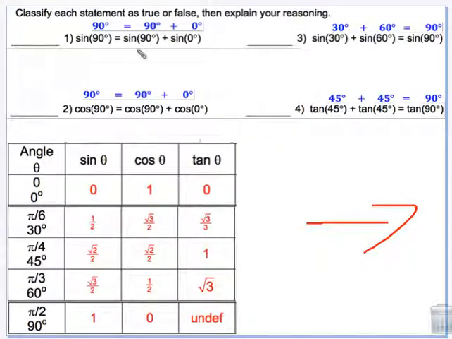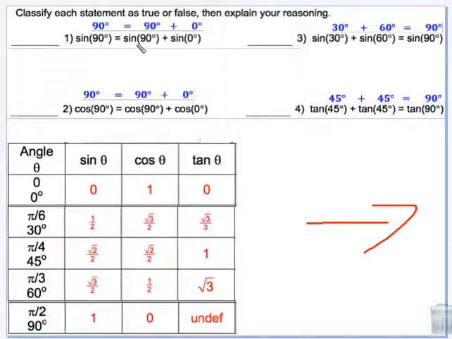We are first going to look at some problems up here where we are adding together sine functions. If you notice, if we take this angle 90 and we want to add together two sine functions, the angles together will equal 90.